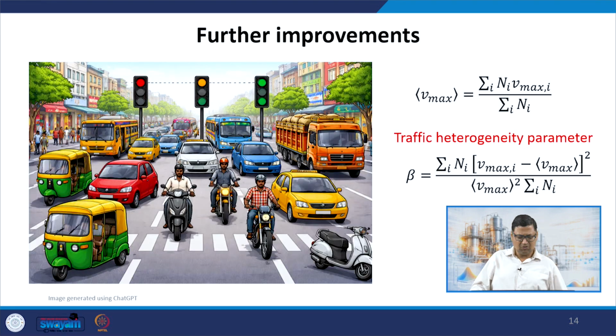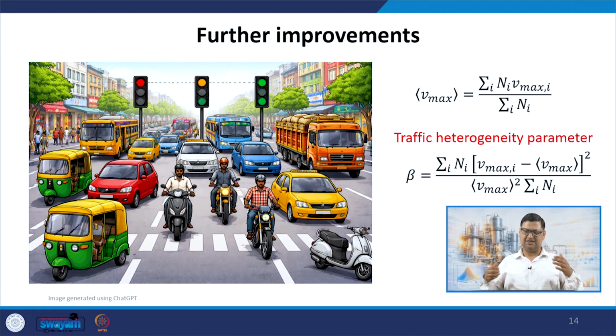And finally, one can also account for, particularly in the Indian context, the heterogeneity in the traffic, right? So you don't only have cars going on the road, you have motorcycles, you have autos, and you also have probably a bullock cart and things like that. And one way to incorporate that is to talk in terms of the average maximum velocity of everything on the road.